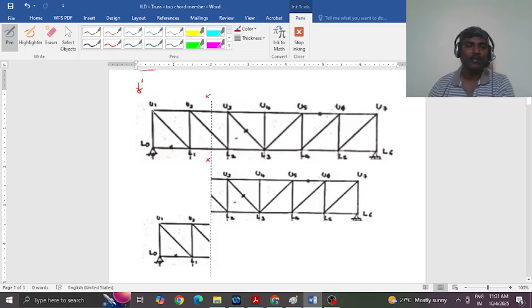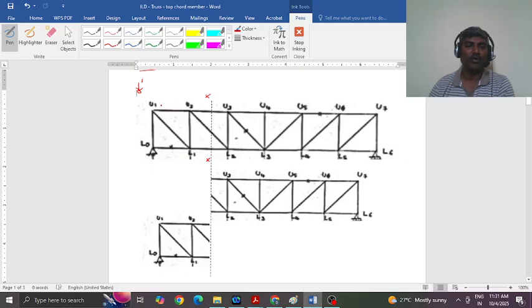The ILD shall be plotted in two parts: when the load is to the left of the section and when the load is to the right of the section. Let us say the load is to the left of the section, meaning anywhere on U1 U2. As you know, truss loads shall be only on the joints.